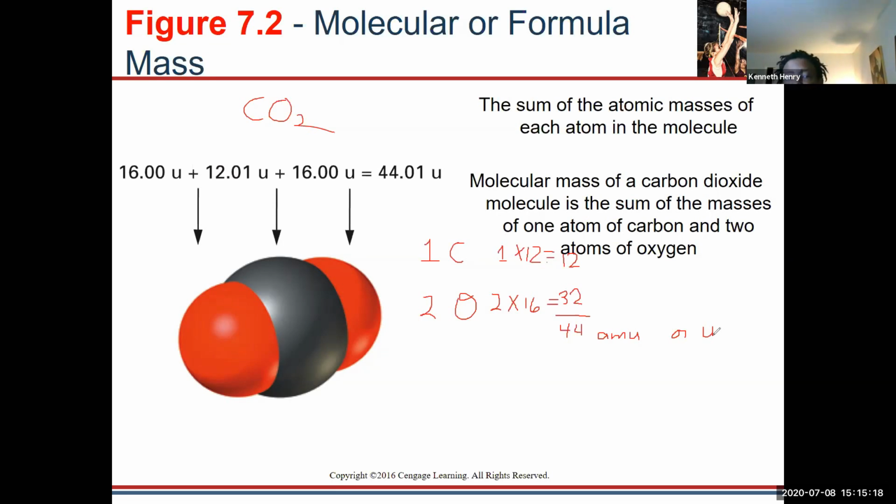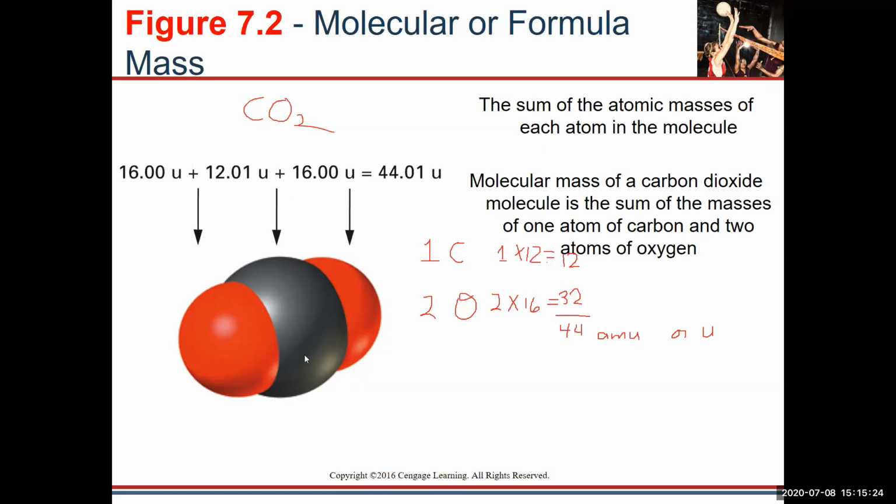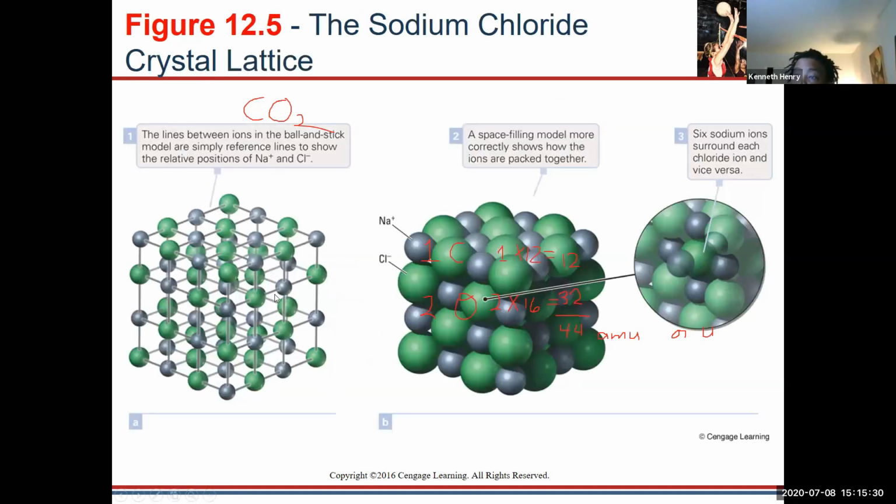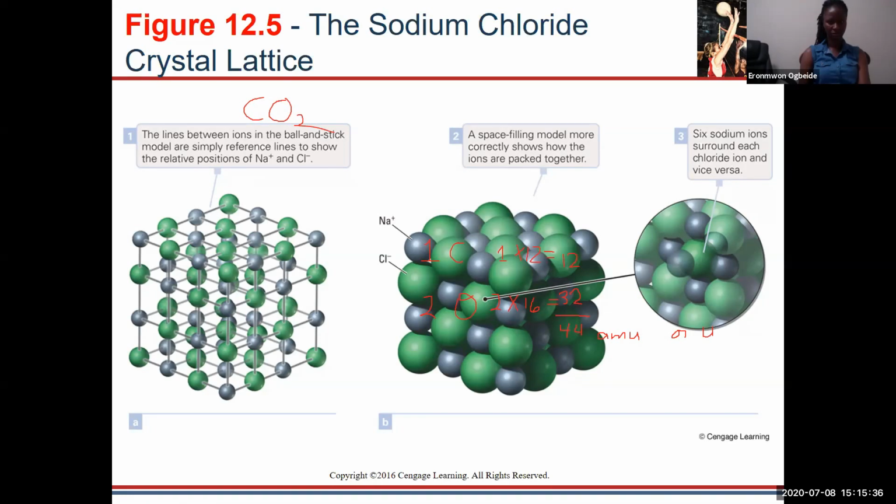So now when we're talking about sodium chloride, are you going to count up all of these guys, or are you just going to take the average, right? We're just going to take the average rather than counting up all of those, because then it gives us an idea.